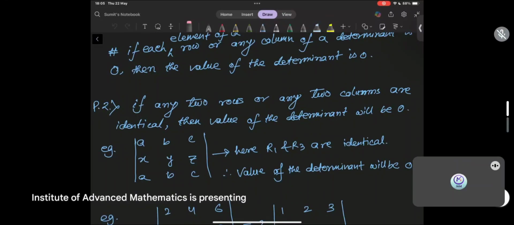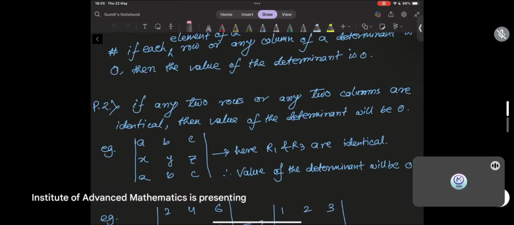Second property: if any two rows or any two columns are identical, then the value of the determinant will be 0. That means any two rows or any two columns have exactly the same elements, then the whole value of the determinant will be 0.